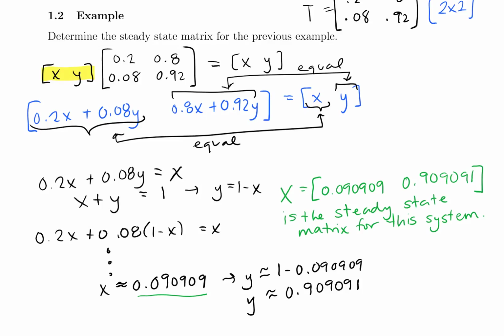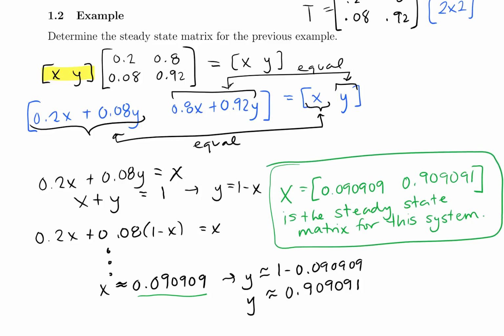At the 5-year mark, we ended up with the percentage of people in an accident at about 9.09%. And that's what the steady state matrix says as well. So this is describing the long-term behavior of the system. If the system kept going, we should expect it to level out at 9.09% of drivers in a car accident and 90.91% of drivers not in a car accident in the long run.